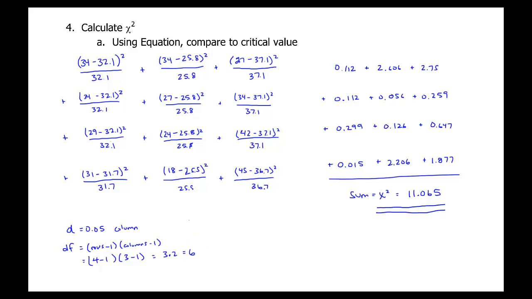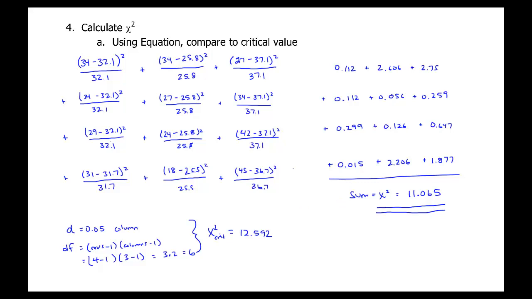So if we were to look those up in the table, our critical value of chi-squared, you'd get 12.592 from the table. Okay. So I'm just going to save that number for now. We'll make a conclusion down in number 5, just below this.